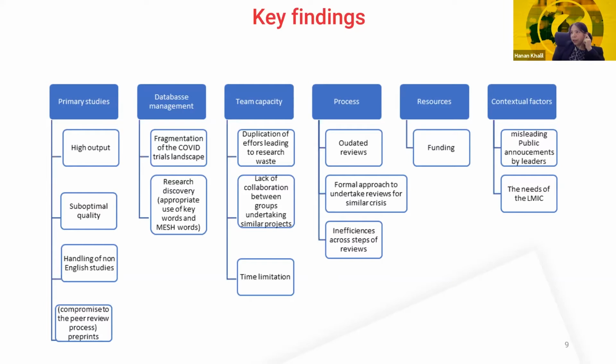We also found that there were problems with team capacity, so lack of collaboration between groups undertaking similar projects, duplication of some of the efforts, which led to research waste, which again is a theme that has also been mentioned by some of the speakers this morning. Some of the problems with the process included outdated reviews and the fact that we had to opt for other methodologies like living rapid reviews.